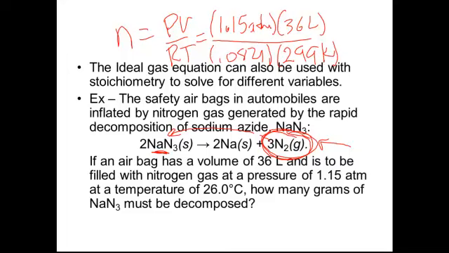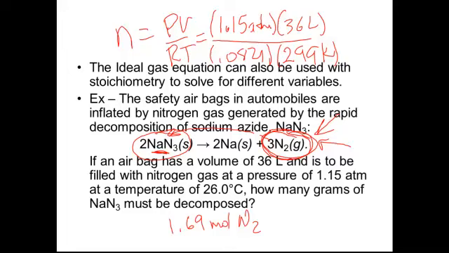So let's get that first. 1.15 times 36 divided by 0.0821 divided by 299 equals 1.69 moles of N2. Now the question is, if you're going to produce 1.69 moles of N2, how much NaN3 did you need to start with to make that?